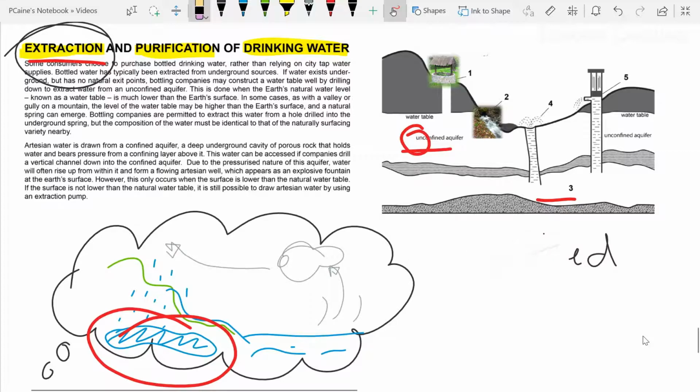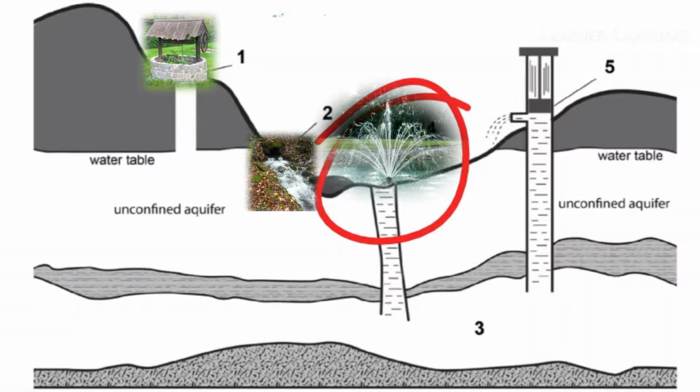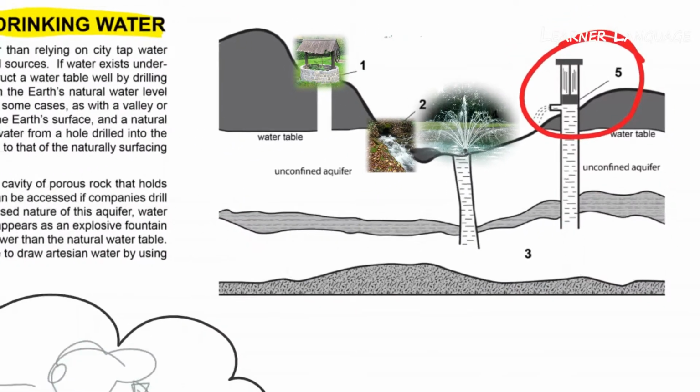The next question asked me, what does this look like? And well, of course it looks like a fountain. So I thought that one was particularly easy to guess. And so the only real tricky one was this.